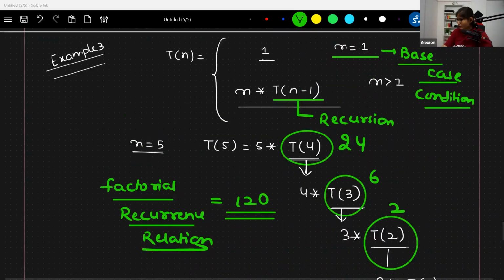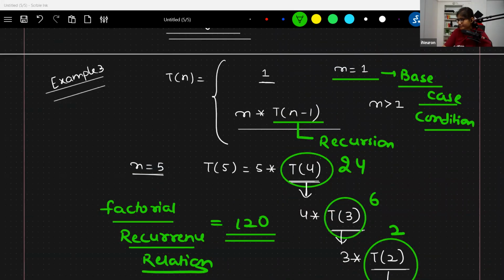Shall I solve or has everyone tried? Or shall I wait a few more minutes? Very good. I am seeing almost everyone's answer as correct. Whatever answers I have seen, because many students are chatting, at least the ones I have seen are correct.